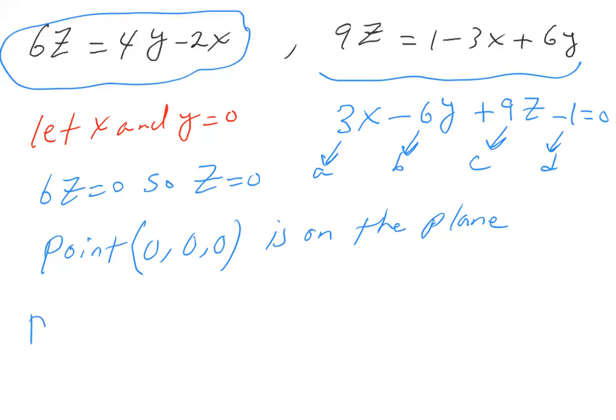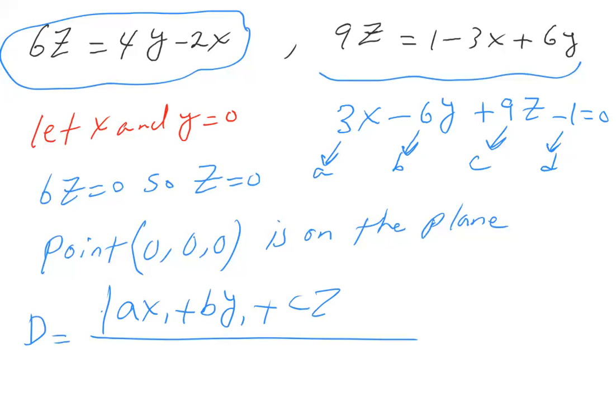So D equals the absolute value of Ax1 plus By1 plus Cz1 plus D, over the square root of A squared plus B squared plus C squared. So let's continue on the next page.